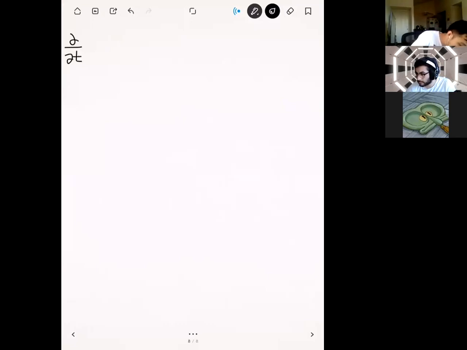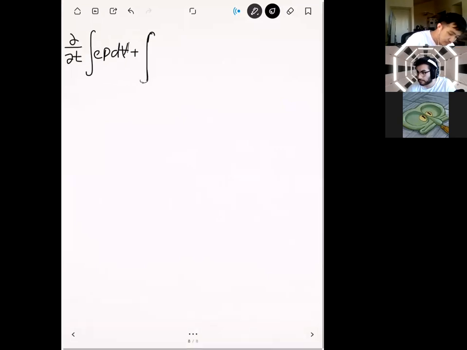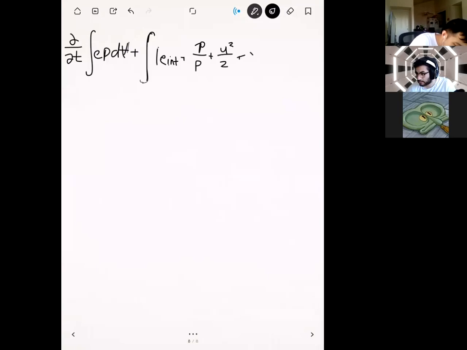So we have partial t integral of E rho dv, plus integral of E internal plus P over rho plus U squared over 2 plus GZ, rho U dot N dA, and all this is equal to W dot shaft.